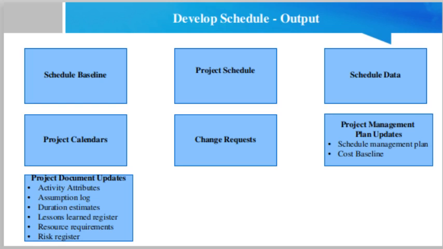Change request. Modifications to the project scope or project schedule may result in change requests to the scope baseline and/or other components of the project management plan. Project management plan updates, which include the schedule management plan. The schedule management plan may be updated to reflect a change in the way the schedule was developed and will be managed.